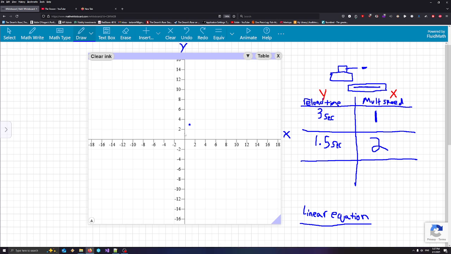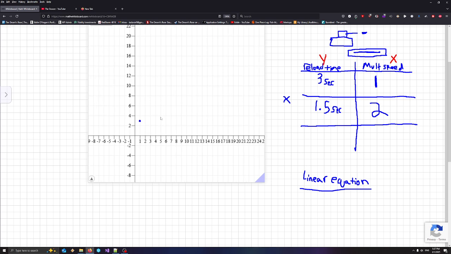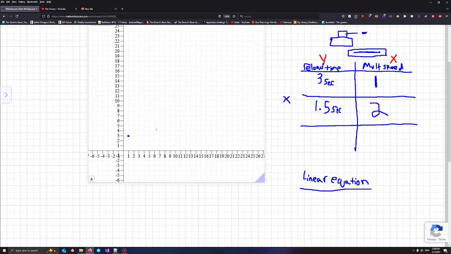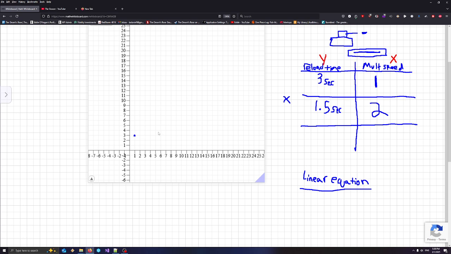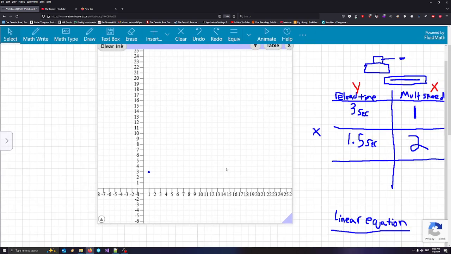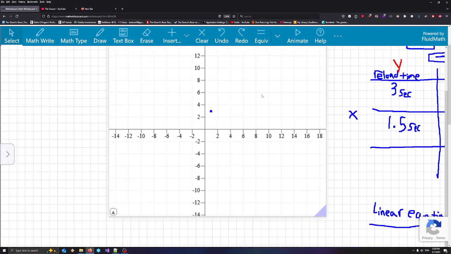So let's actually, I can change this table a little bit. I don't want to make it too confusing. Let's leave it at that.